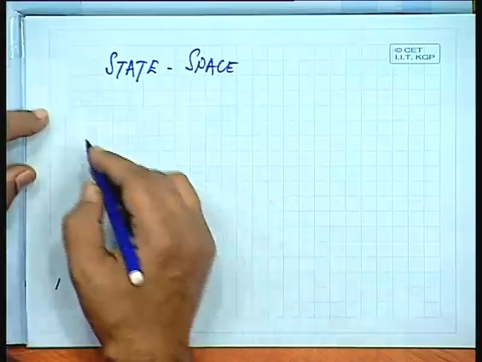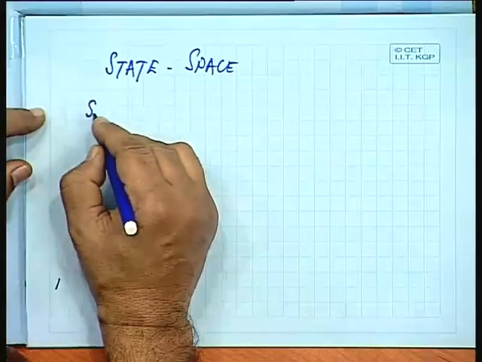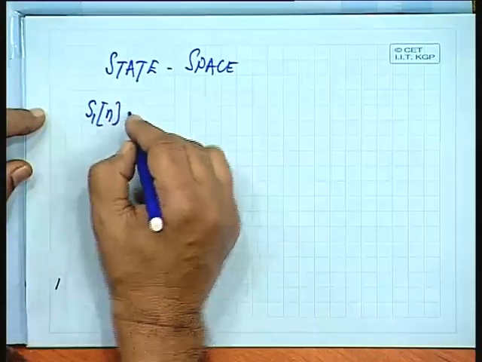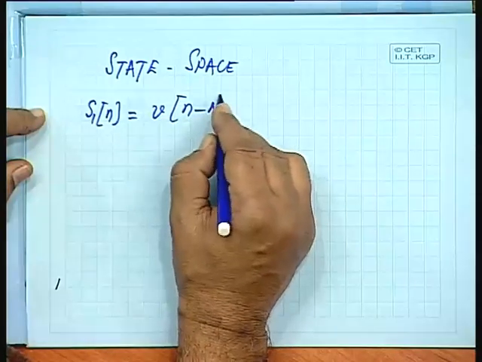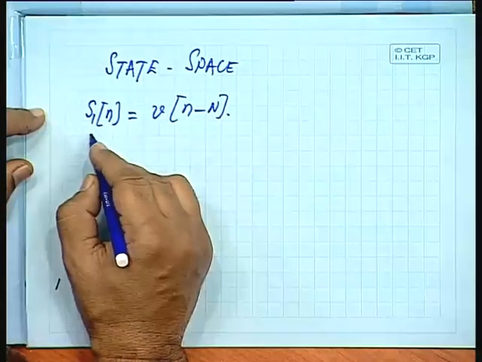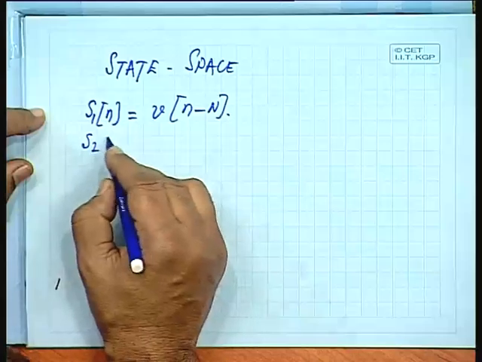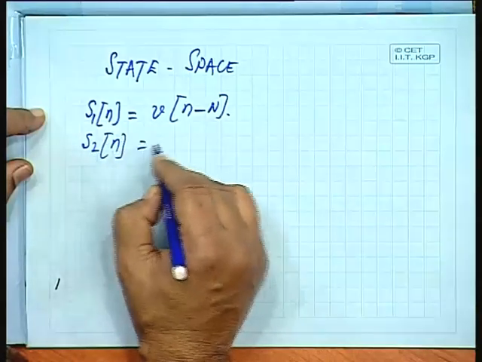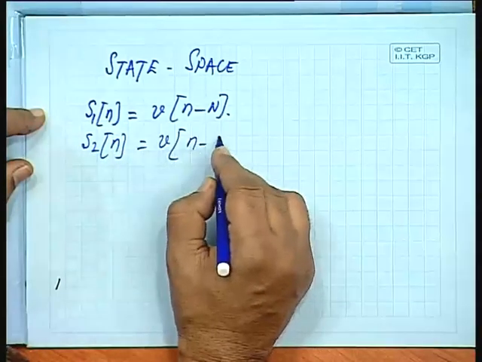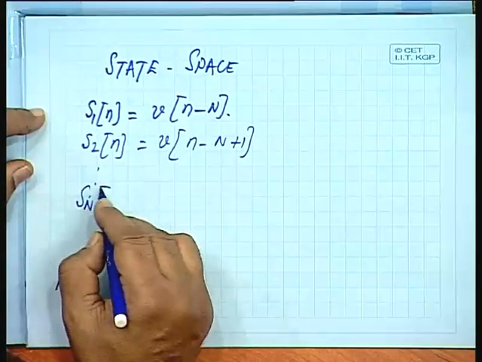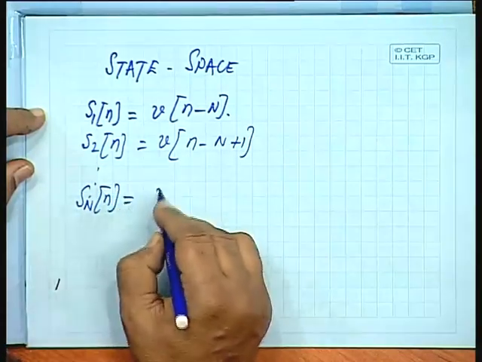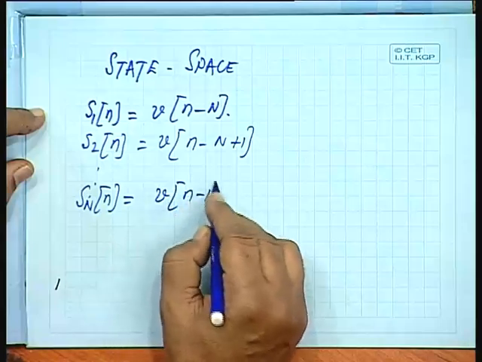So, the discrete functions that we defined, S1n was Vn minus n, S2n is Vn minus n plus 1 and so on. Snn was Vn minus 1.